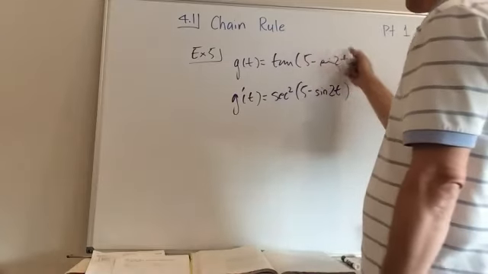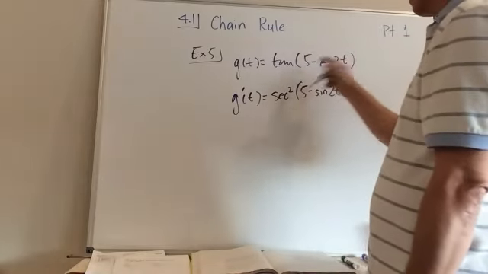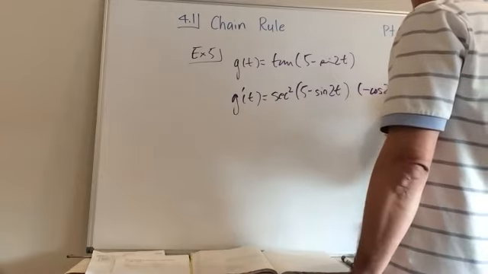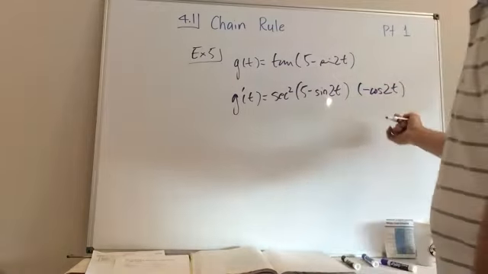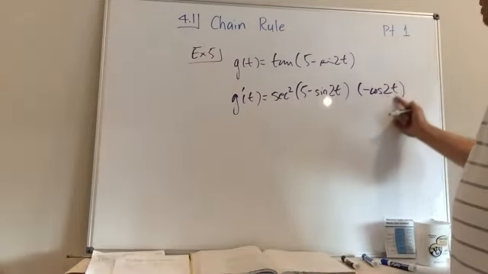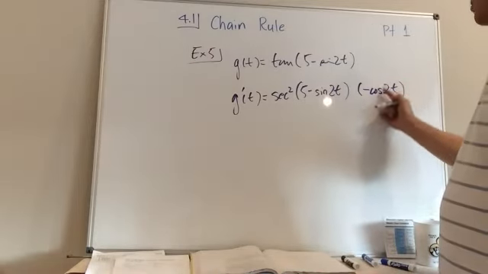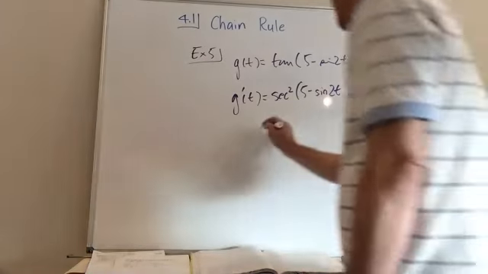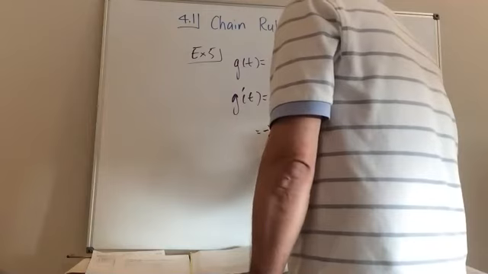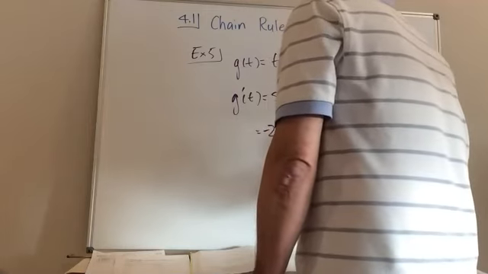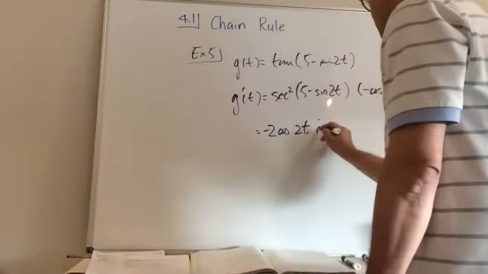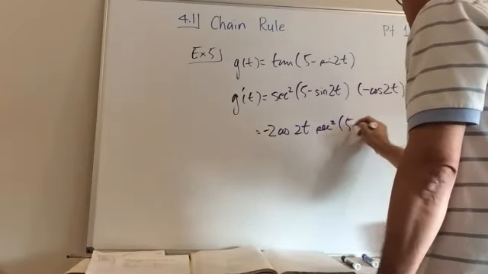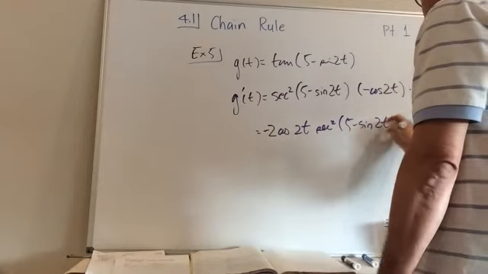If I take the derivative of this, what do I get? The 5 goes away. I'm going to get negative cosine 2t. And I can't stop here because I have another function in here, 2t. So I have to take the derivative of 2t, which is 2. So my end result is going to be negative 2 cosine 2t times secant squared of 5 minus sine 2t.